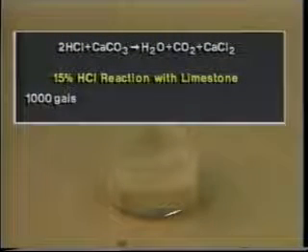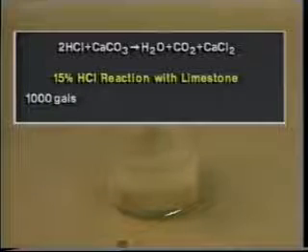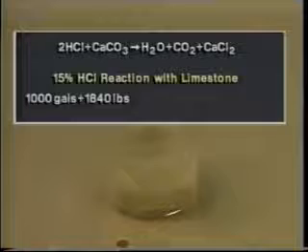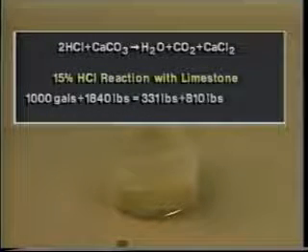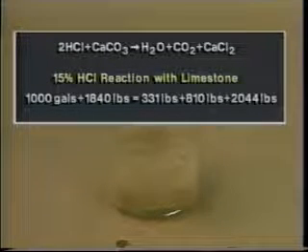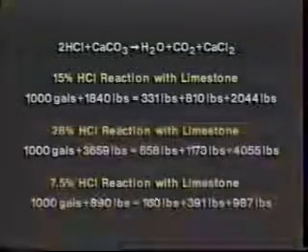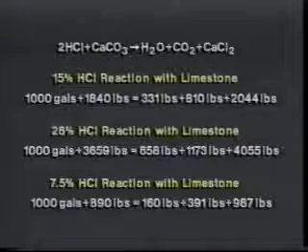The reaction of 1,000 gallons of 15% hydrochloric acid, HCl, will dissolve 1,840 pounds of limestone to form 331 pounds of water, 810 pounds of carbon dioxide, and 2,044 pounds of calcium chloride. The reaction of other HCl concentrations will differ as shown.